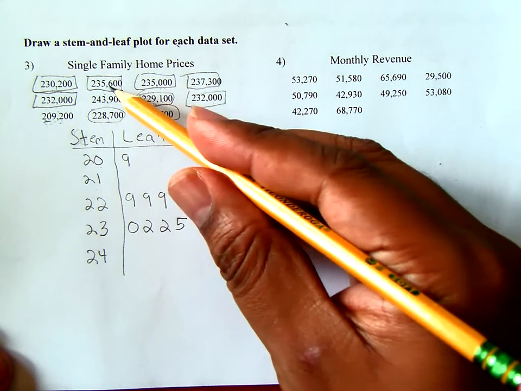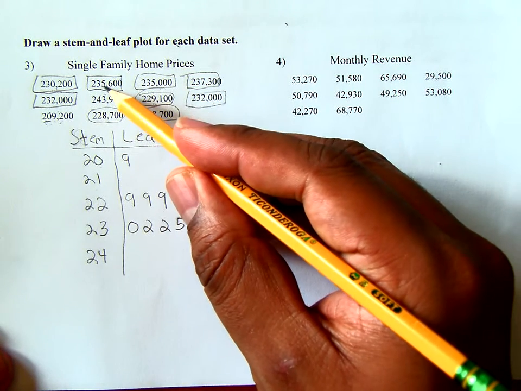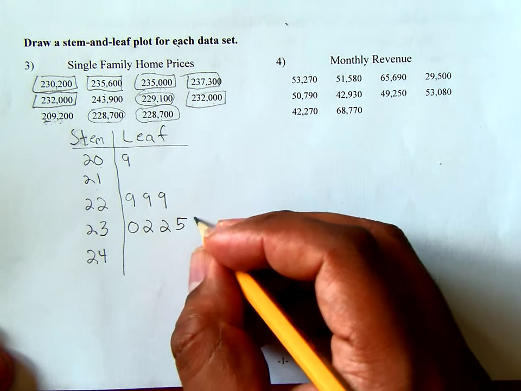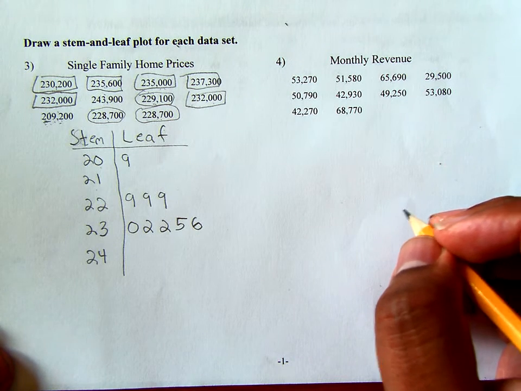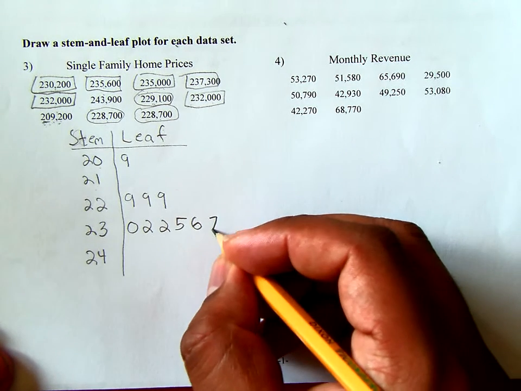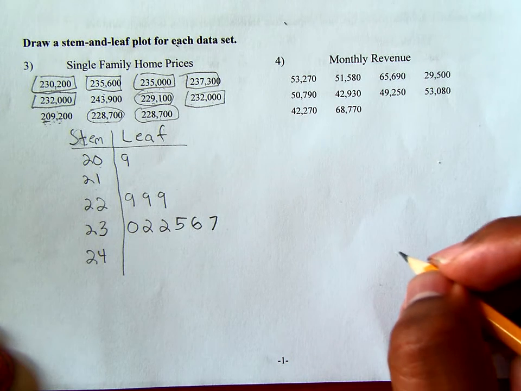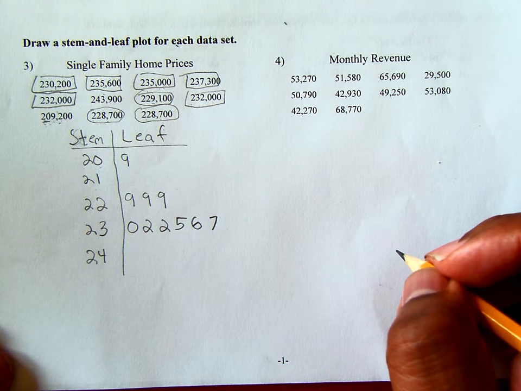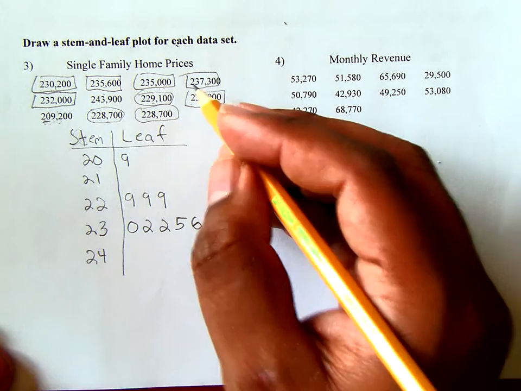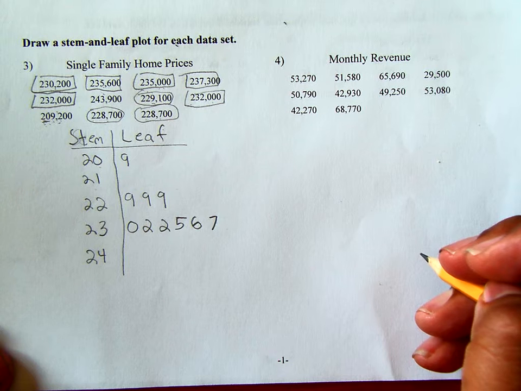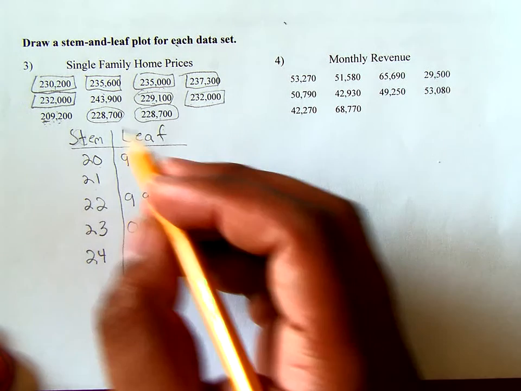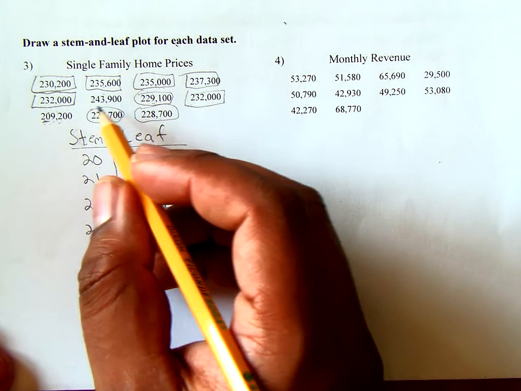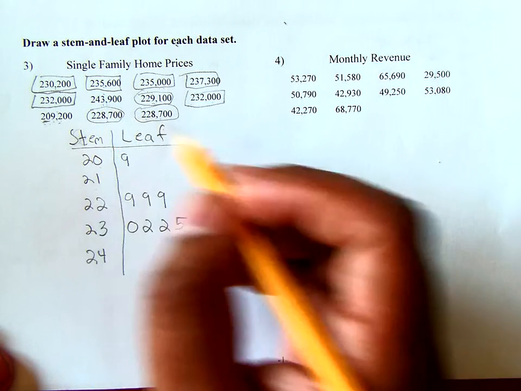But here, this has a 6, so I'm going to round that 5 up to a 6. And then finally, I have a 27. I should just say a 7. Okay, finally, I only have one left, which is this 24 with a 3 beside it.